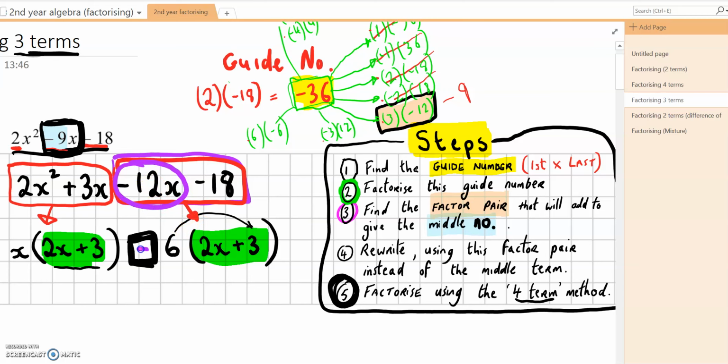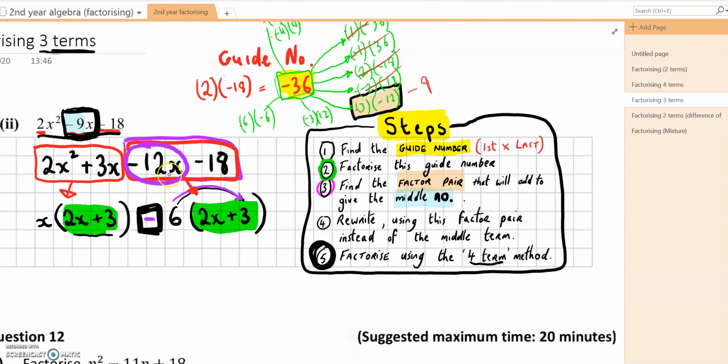So this has to be a minus, because minus 6 by 2x gives me minus 12x. And the minus is perfect because minus 6 by plus 3 would also give me minus 18.